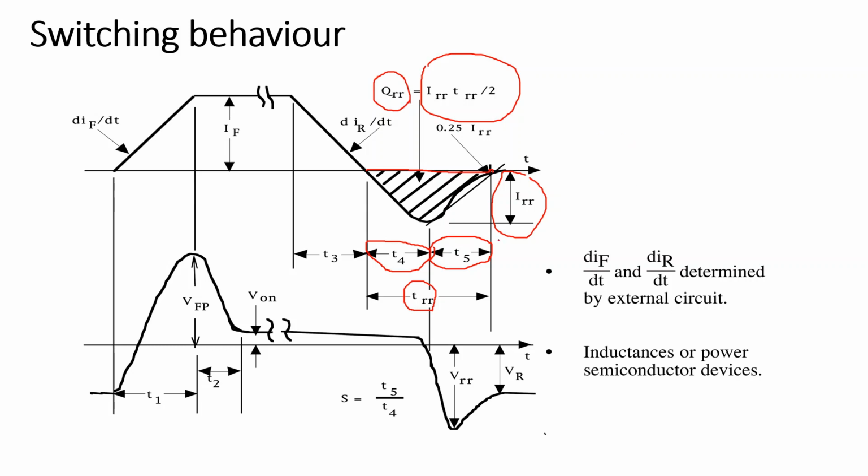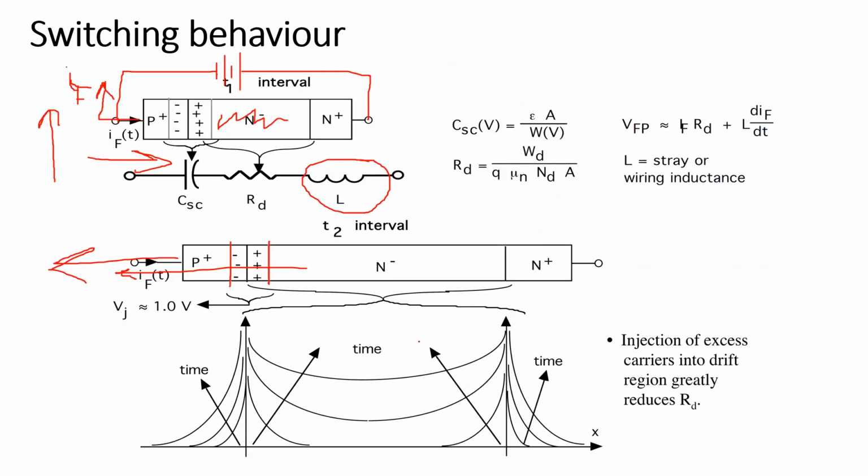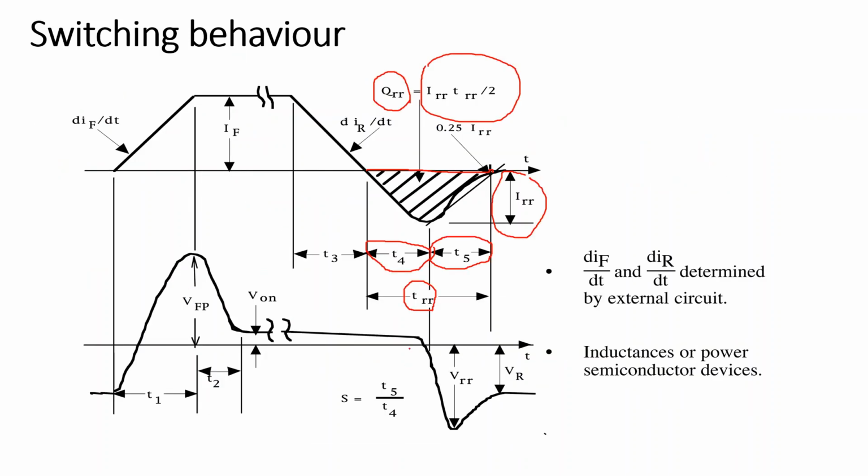Now, as the charges are removed, the depletion region again regains its blocking capability, and it again acquires the width WR, right? And then the voltage goes reverse, the voltage becomes negative.